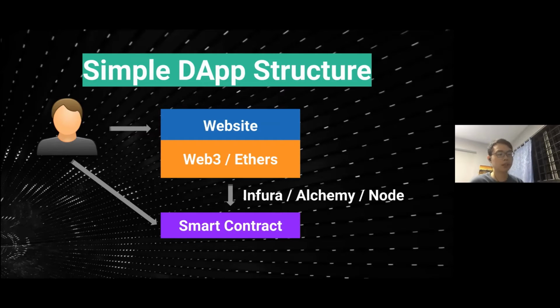On the website, they would press some buttons, and those buttons would encode function calls using Web3 libraries like Web3.js or Ethers. Then this encoded data is sent to a node provider such as Infura, Alchemy, or your very own node if you're running one.